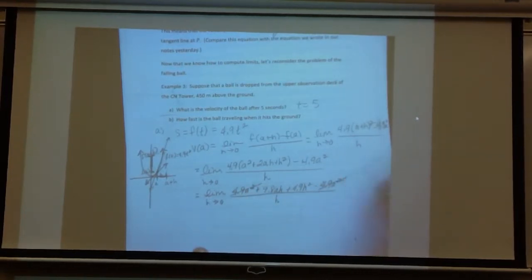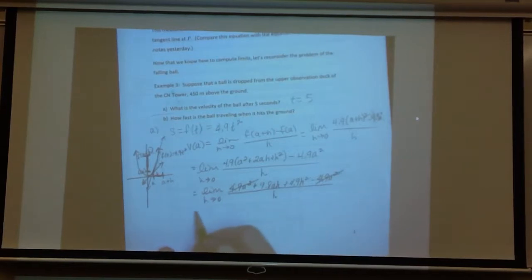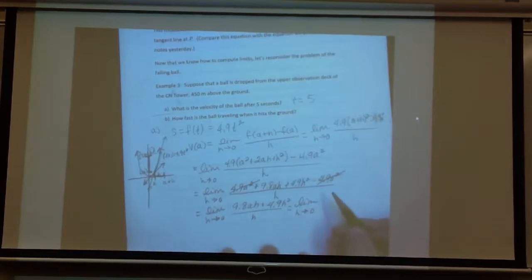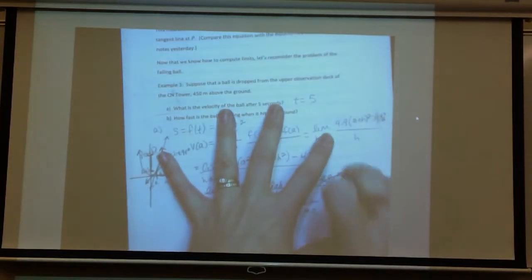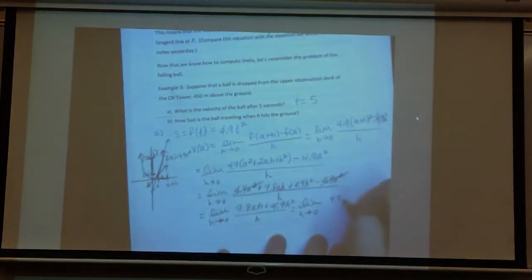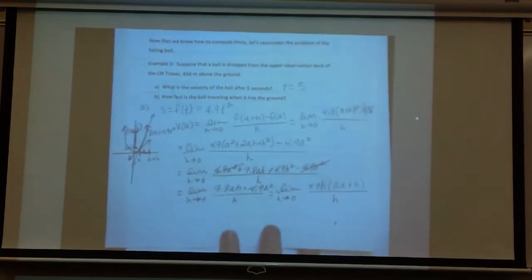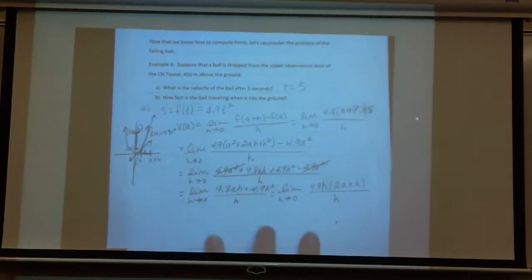4.9a squared minus 4.9a squared is 0, so those can go away. Okay, so you factored out an h and a 4.9.